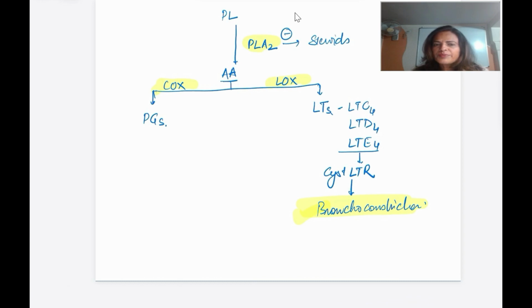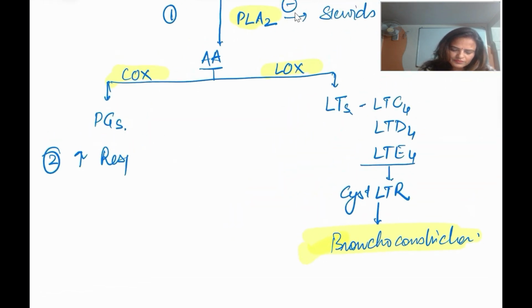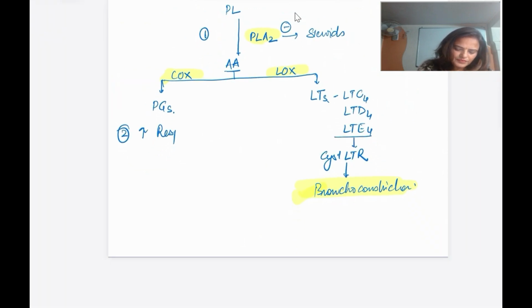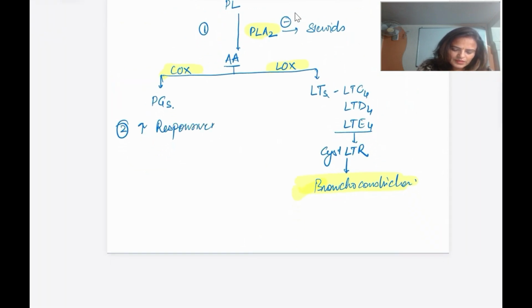All that is suppressed by corticosteroids. Another important action is that they increase the responsiveness of bronchial smooth muscle to beta-2 agonist drugs.